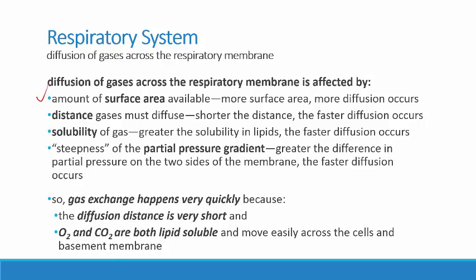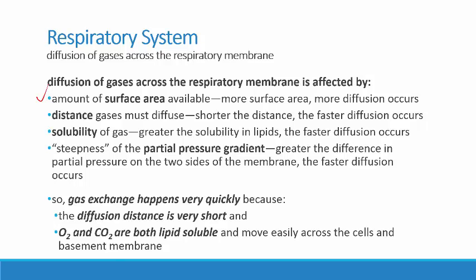So that's what I mean by the steepness of the gradient. If it's super high inside the alveolus and super low in the blood, then it's going to go very much faster than if we have a moderately high concentration in the air in the lungs and a moderately low concentration in the blood.